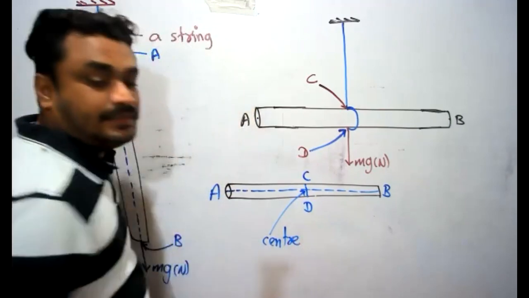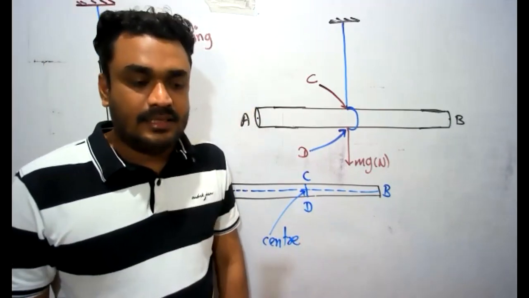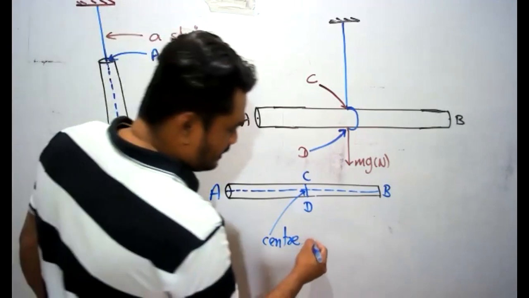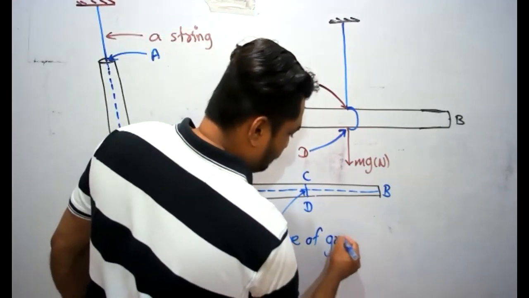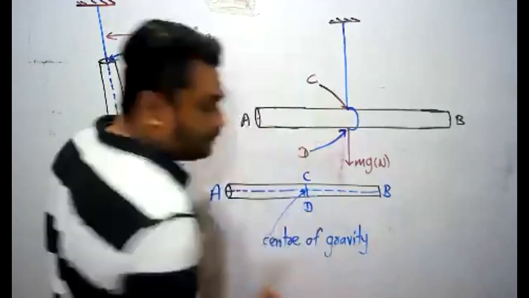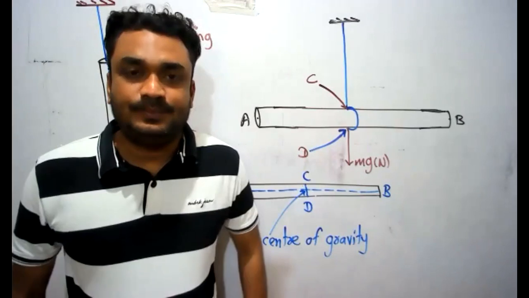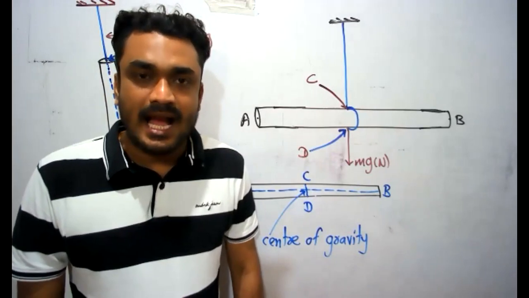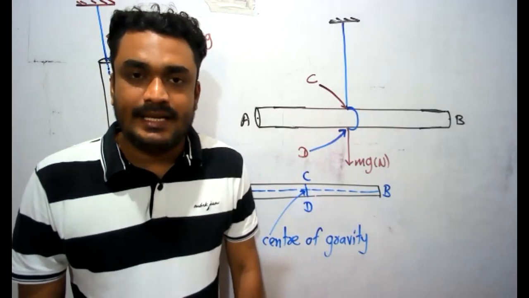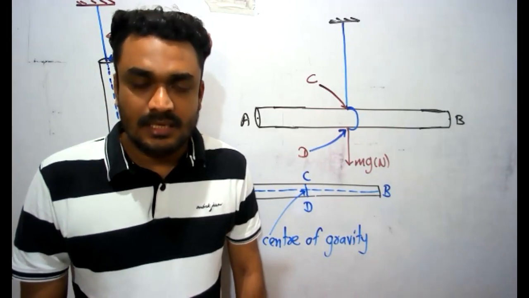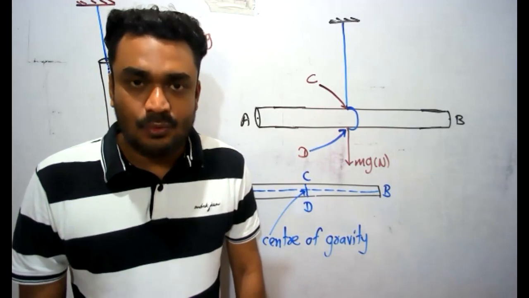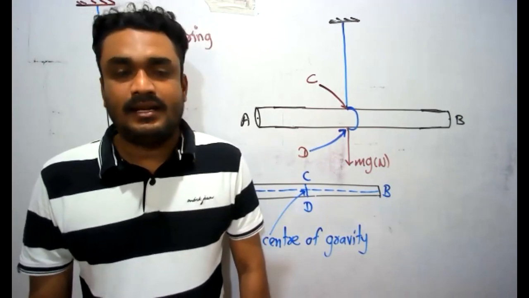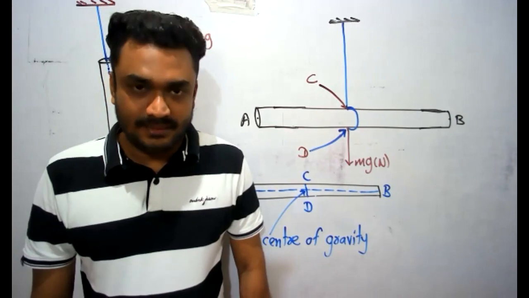Please write a star point and write: the center of gravity is the point at which AB and CD straight lines meet.